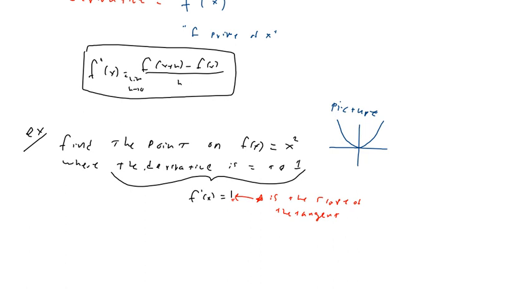And I want to find the point on x squared where the derivative is equal to 1. Well, a slope of 1 is a positive slope. It's angled not too much, not too little. It's rise 1 over 1.